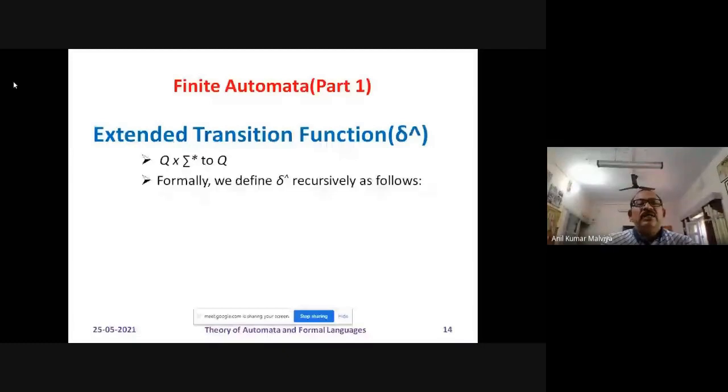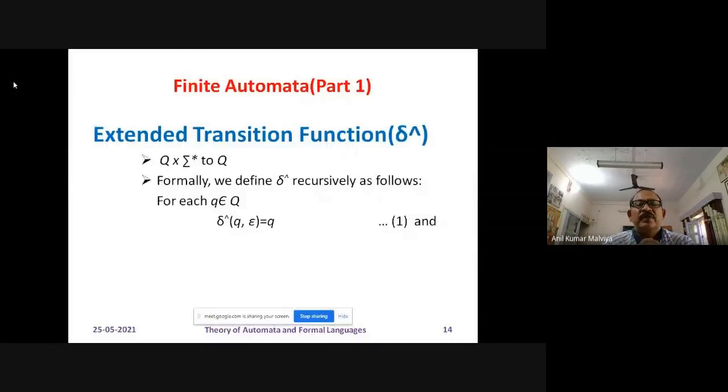Formally we define the delta cap as follows. Delta cap of Q, epsilon is Q. It means if the machine does not read or consume any symbol, in that case the machine does not move.